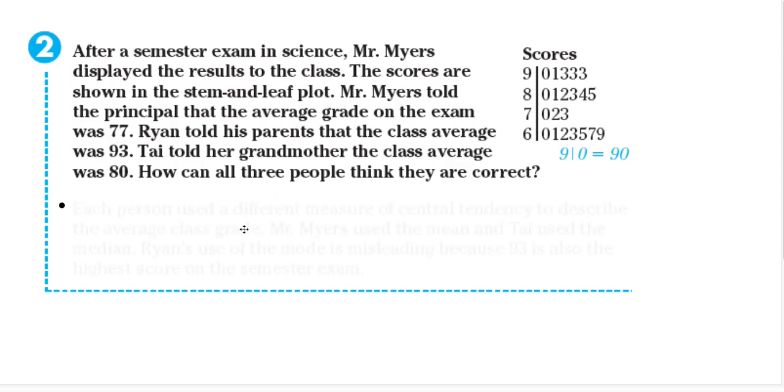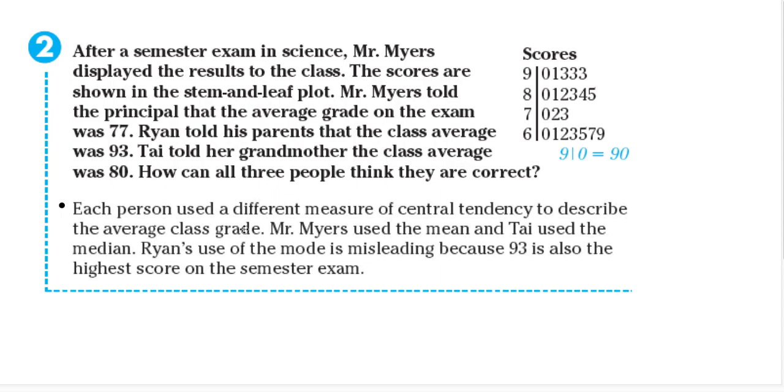Well, they used different measures of central tendency. Each person used a different measure. Okay, Mr. Myers used the mean, Tai used the median, and Ryan used the mode. The problem with Ryan is that he used the mode. It is also misleading because 93 is also the highest score in the exam.